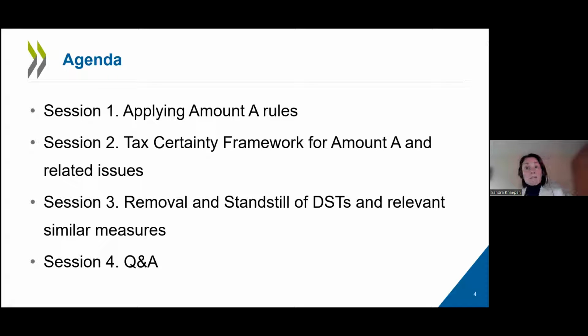And so how are we going to do that? We have 4 sessions. We will start with explaining the coordinated reallocation of profits under Amount A. We will use a flow chart to do that. Then we will go into the benefits accessible to taxpayers under the tax certainty framework, and that is for Amount A and for the issues related to Amount A. We will discuss the removal and the standstill of DSTs and relevant similar measures once the MLC comes into effect.